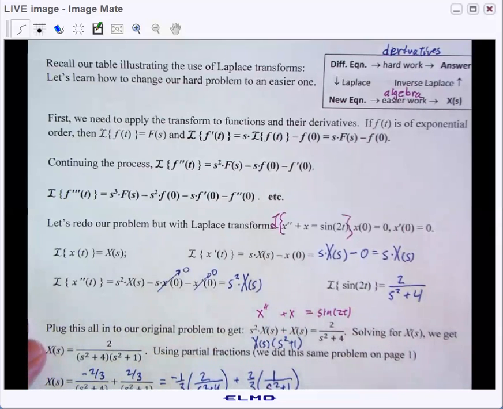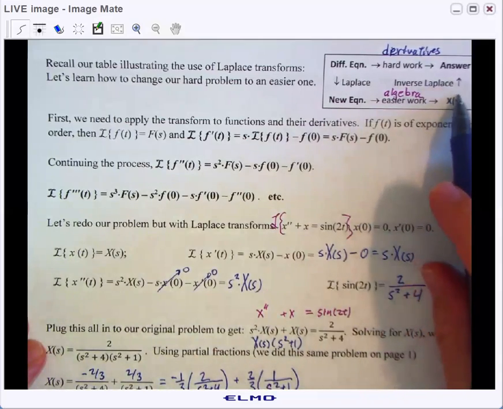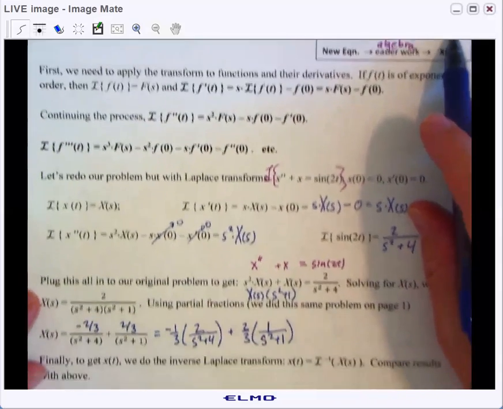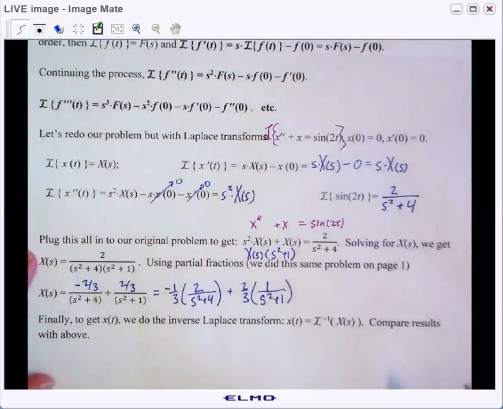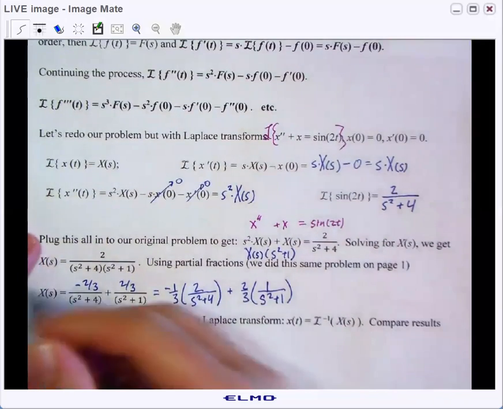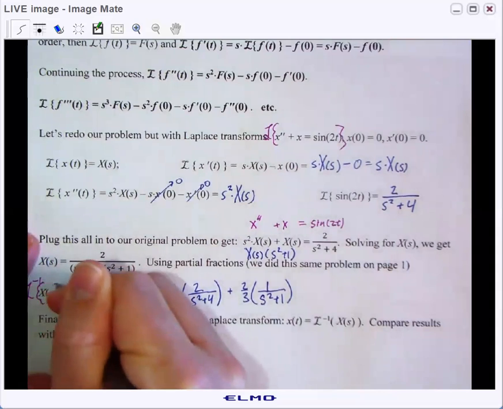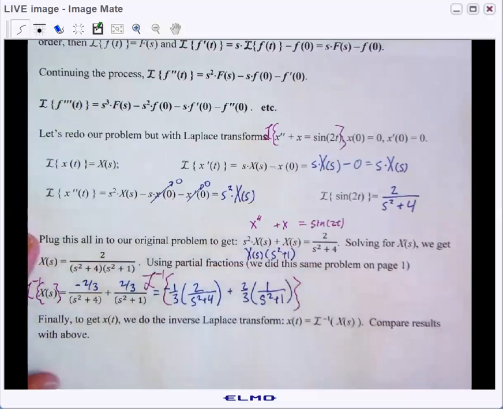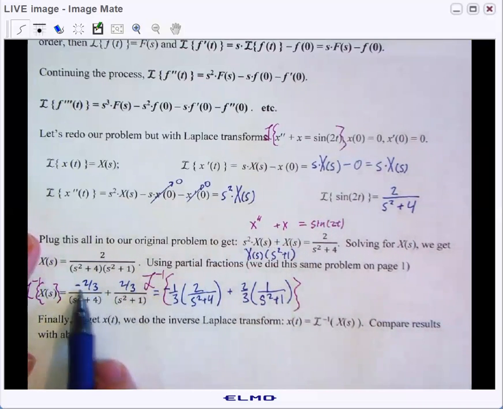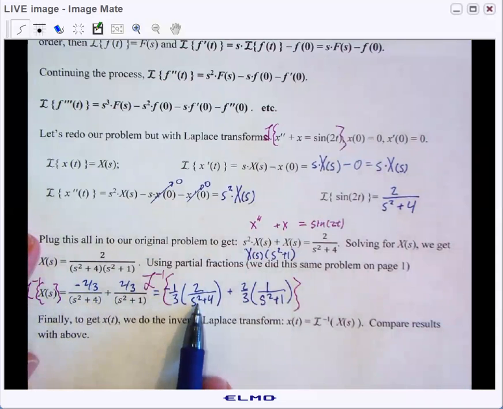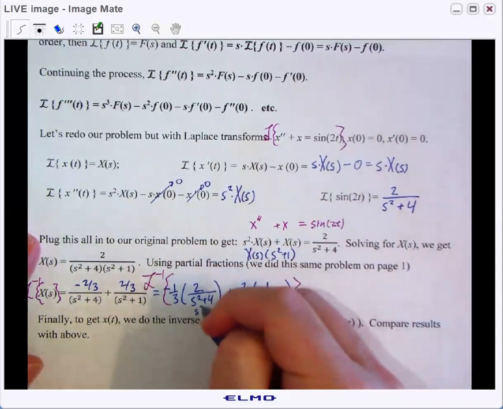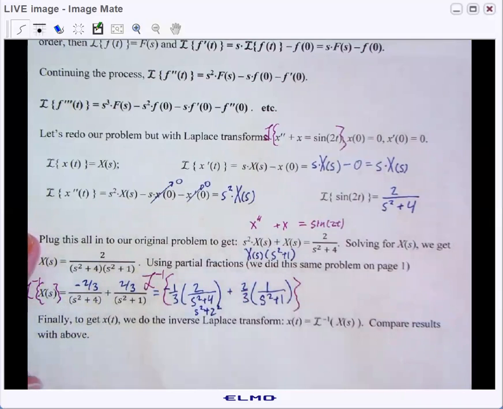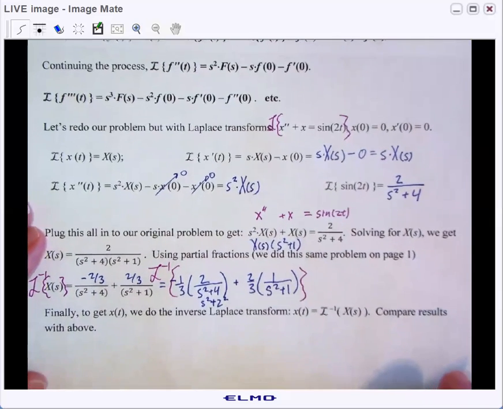And that's this guy. So now to get back to the original solution, we have to do the inverse Laplace transform. Ooh, let me slide that up. And doing the inverse Laplace transform, you'll notice that this guy, I factored out the negative 1/3, leaving the 2 on top, so that this guy looks like the s squared plus 2 squared, which we know from our table.